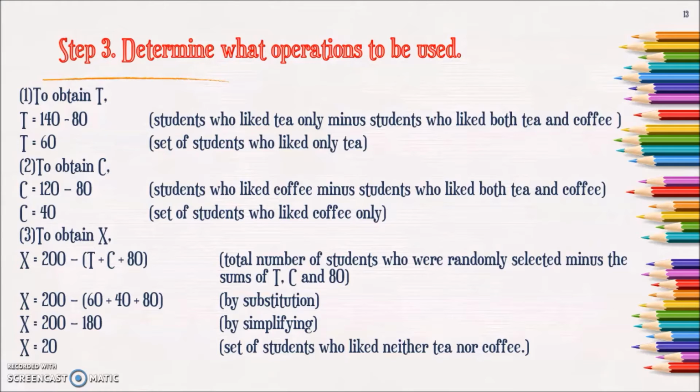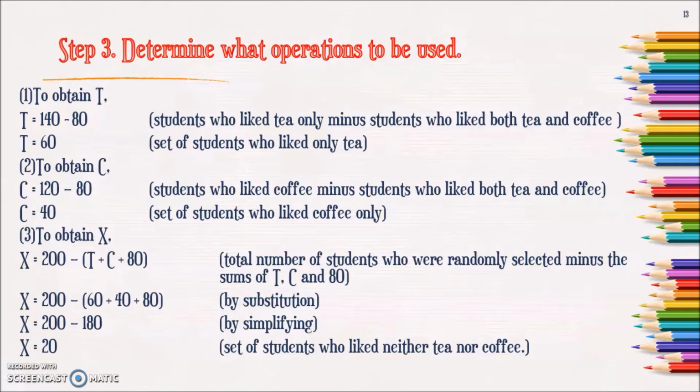To obtain C, C equals 120 minus 80. These are the students who like coffee minus the students who like both tea and coffee. So, to get C, we subtract 80 from 120 and we get the answer of 40. 40 is the set of students who like coffee only. To obtain X, we have X equals 200 minus (T plus C plus 80).